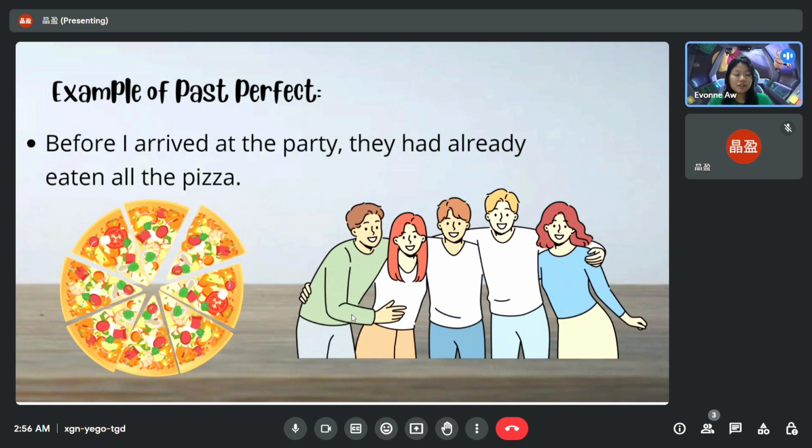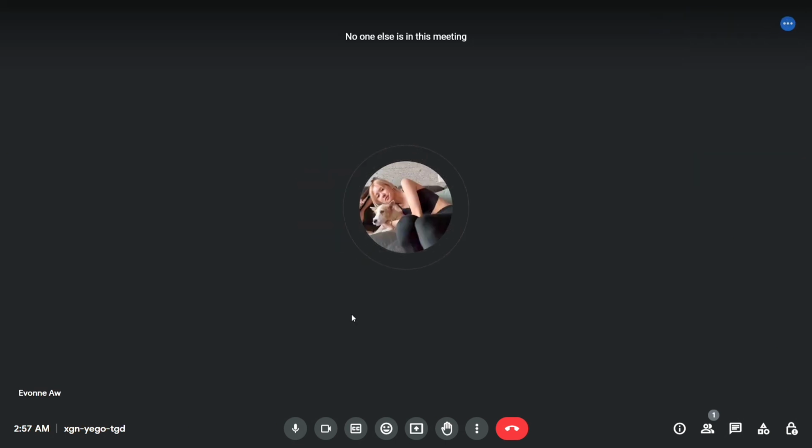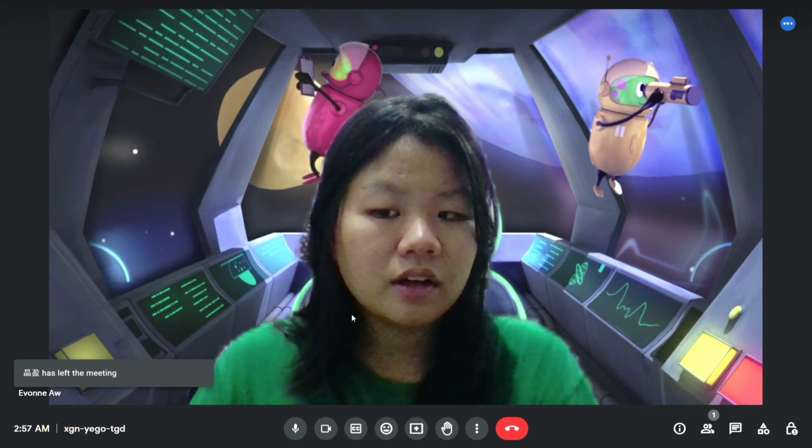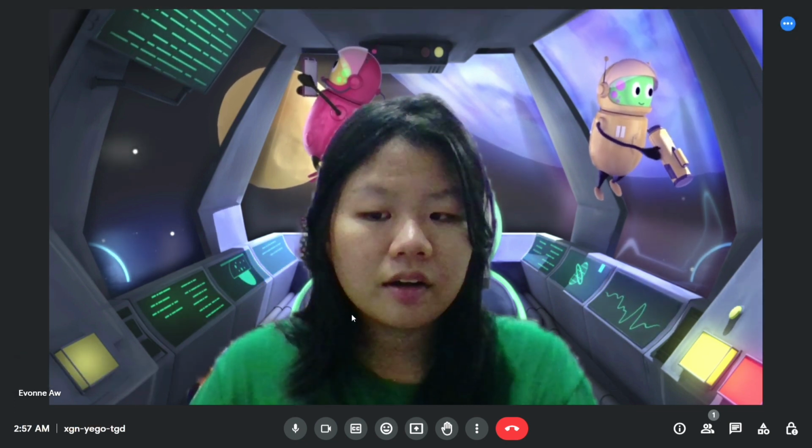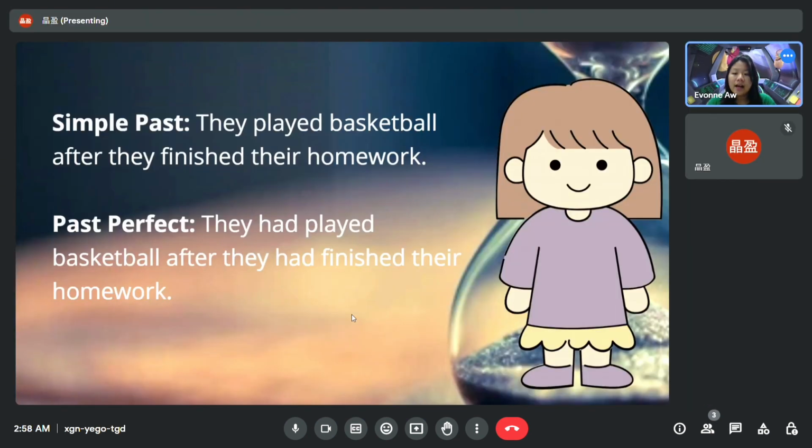This is the difference between past perfect and simple past. In the simple past form, they played basketball before they finished their homework, and as for past perfect, they had played basketball after they had finished their homework.